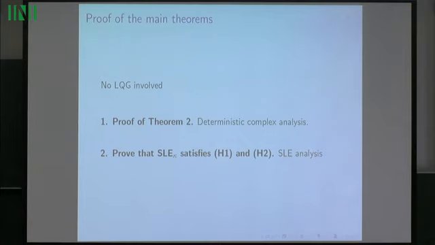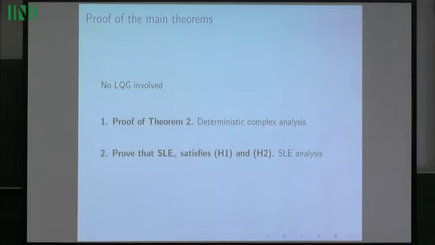And the nice part of the proof is that it doesn't really involve Liouville quantum gravity at all. The first part of the proof is about Theorem 2, which is about uniqueness for deterministic curves, so it doesn't involve SLE or other probability knowledge.